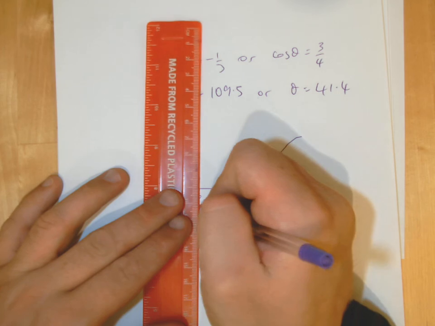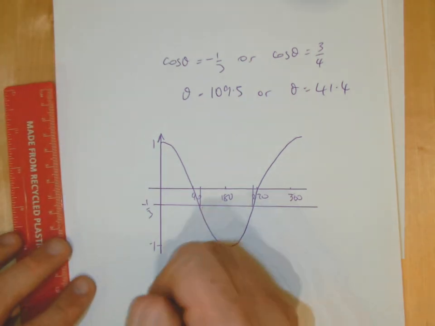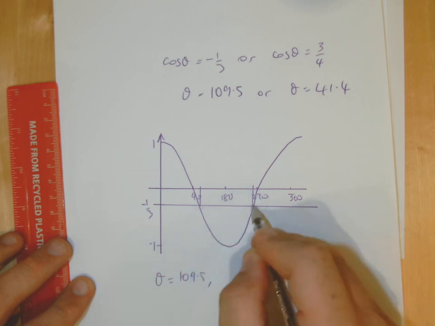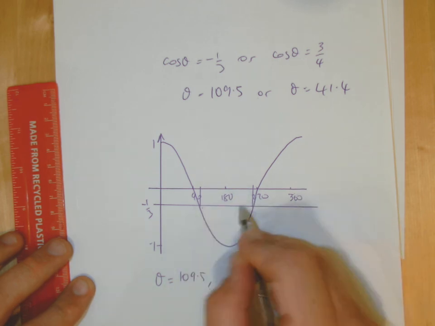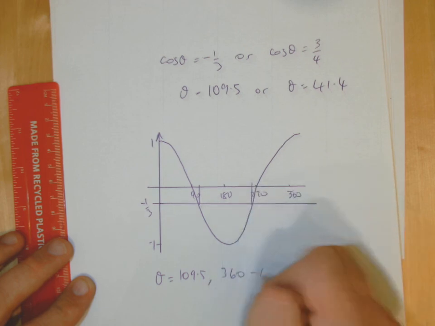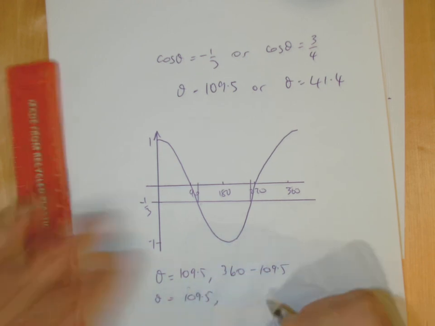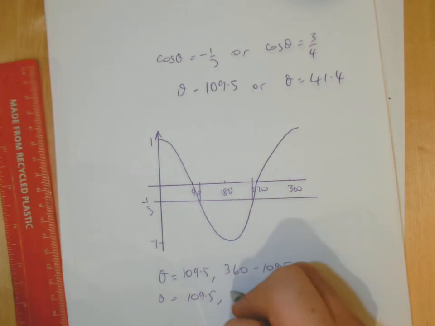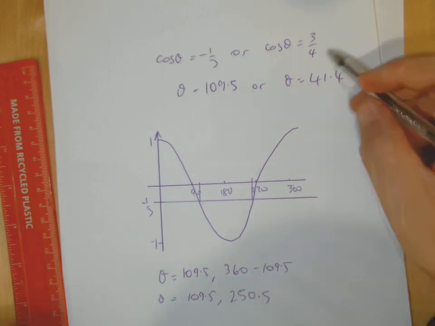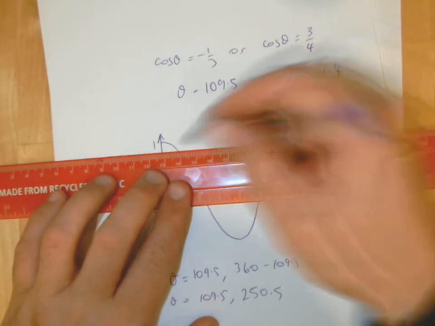So you've got the two results, but this result here is 109.5, which is the one that was given. To get the other result, with cos you just do 360 minus. Look at the symmetry there, you're going back from 360. So you get your two answers, 250 point something. And then the other one, 41.4, is at 3/4, so we're up here.